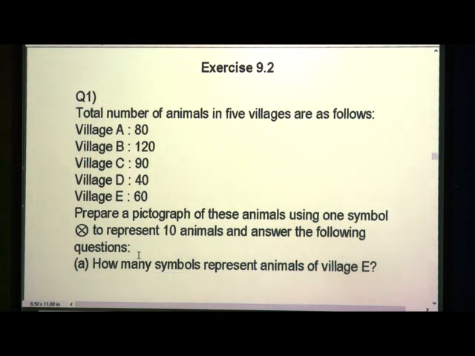Now this example is a type of pictograph wherein the number of animals per village is given. We need to represent this data by using the pictograph.